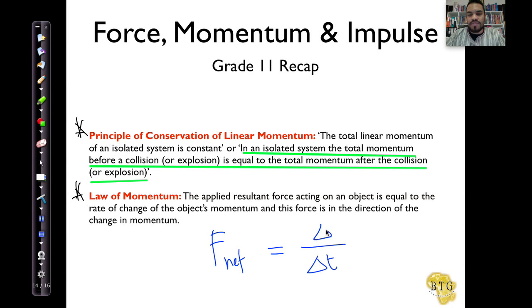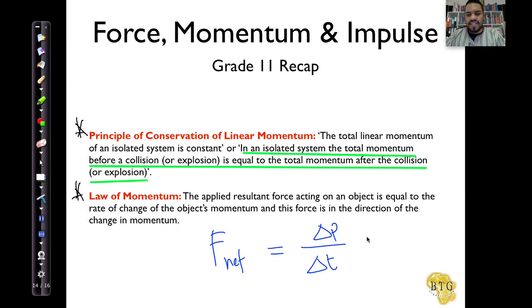That means delta P over delta T. Now don't stress too much about it right now. Just make sure you take it down and commit these definitions to memory. F net delta T is equal to delta P, or F net is equal to delta P over delta T.